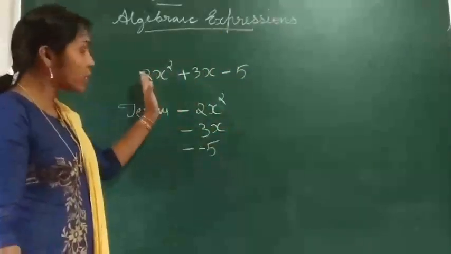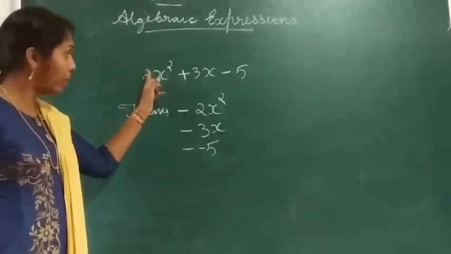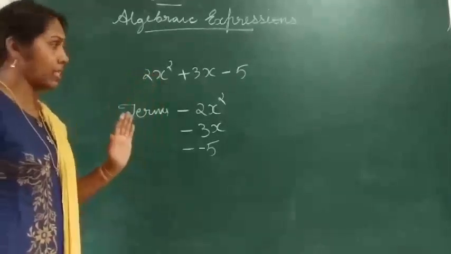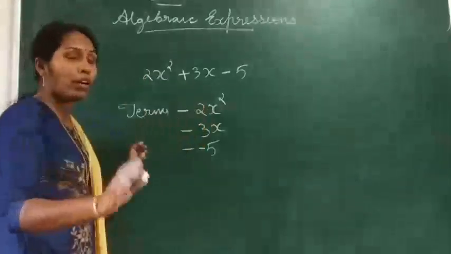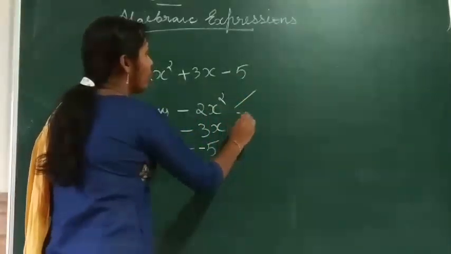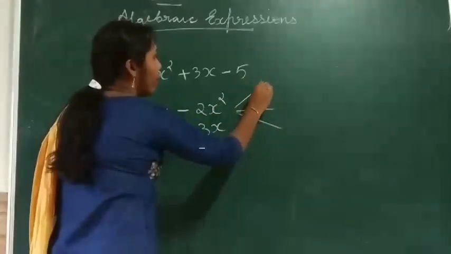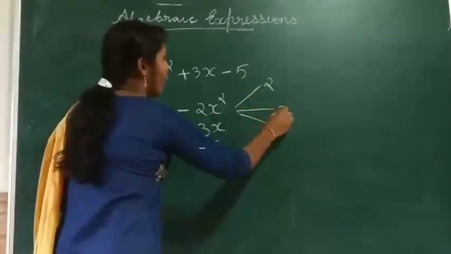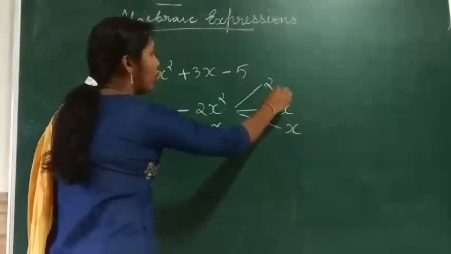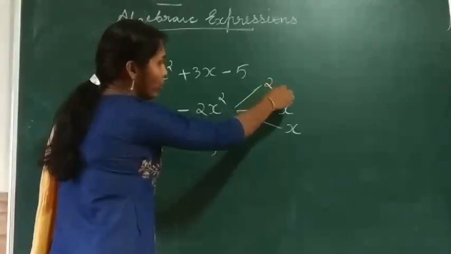Now, the parts of the algebraic expression separated by multiplication symbol are known as factors. Each term can have their own factors. The factors of 2x square are, it has got 3 factors. You know that 2x square can be formed by 2, then x, and again x, 2 into x into x. x into x is x square, and then multiplied by 2, that is 2x square.